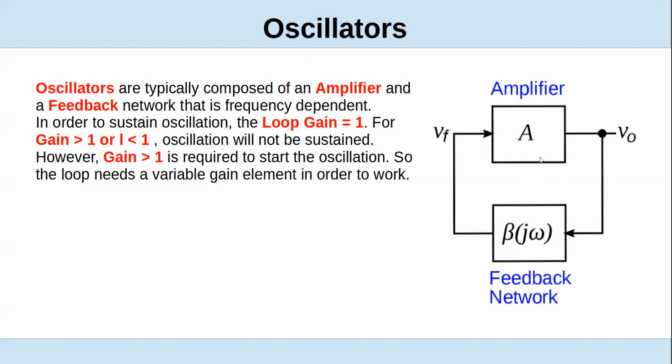So it means you have to compensate for any losses in the feedback network with enough gain in the amplifier so that the overall gain is 1. Now, in order to start oscillation, you've got to have higher gain for it to actually start. But if it maintains higher gain, it will stop. I proved that many times in my simulator trying to get an oscillator to oscillate.